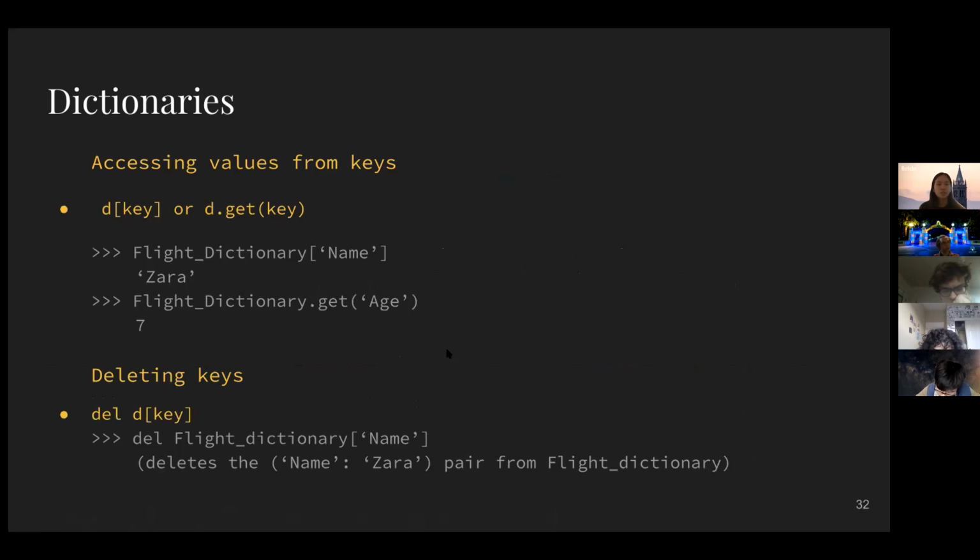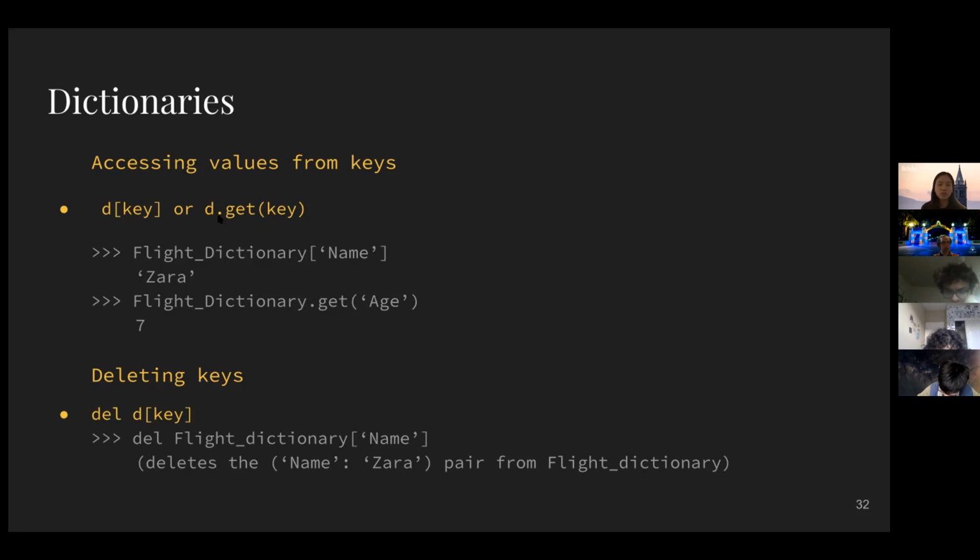And so after we've made our dictionary, if you want to look up some values from it, you can look up the key by doing flight dictionary name. And so since name was the key, it'll return Zara, which was the value associated with name. Same with age, it returns 7. And you can also use the keyword .get.